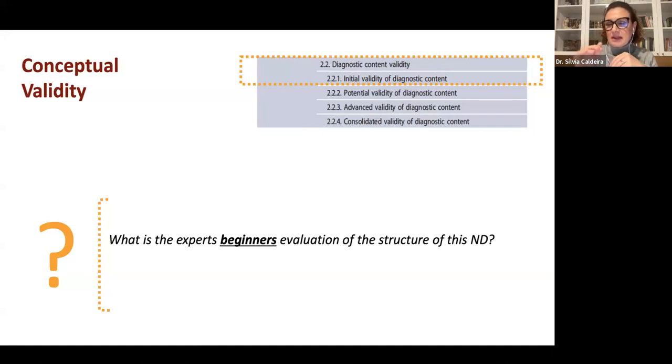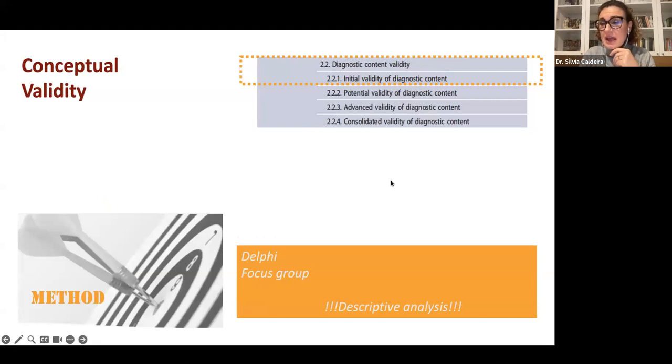So starting with the beginner experts, is there anything they can say about the nursing diagnosis to help us on developing the nursing diagnosis? And we know when we talk about experts and opinions and perspectives and getting consensus, we are talking about Delphi and focus group. And this is a descriptive analysis.